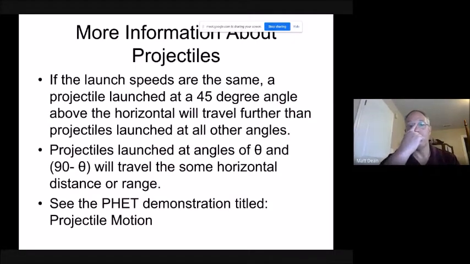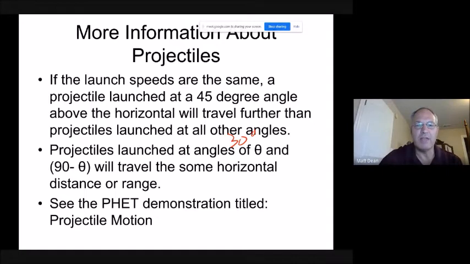Well, before we do, so if the launch speeds are the same, a projectile launched at a 45-degree angle will travel further than projectiles launched at any other angle. Projectiles launched at an angle of theta and an angle of 90 minus theta will travel the same range. So let's say that we launched a projectile at 30 degrees.